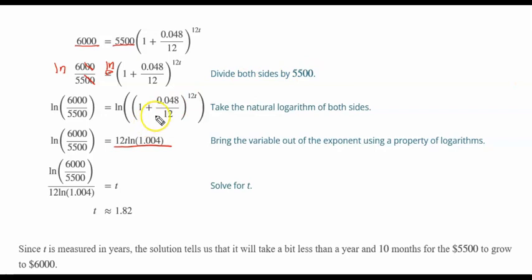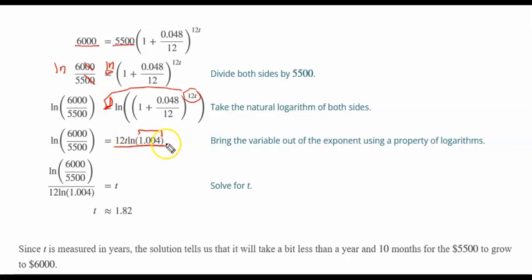What they've done is they've taken 0.048 divided by 12, add a 1 to it, and then they got this value here, and they took that, moved it in front, and that's where you get the 12t natural log of this.